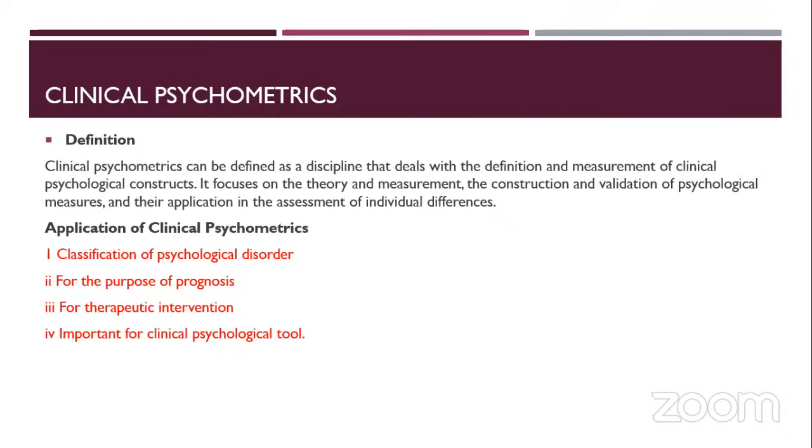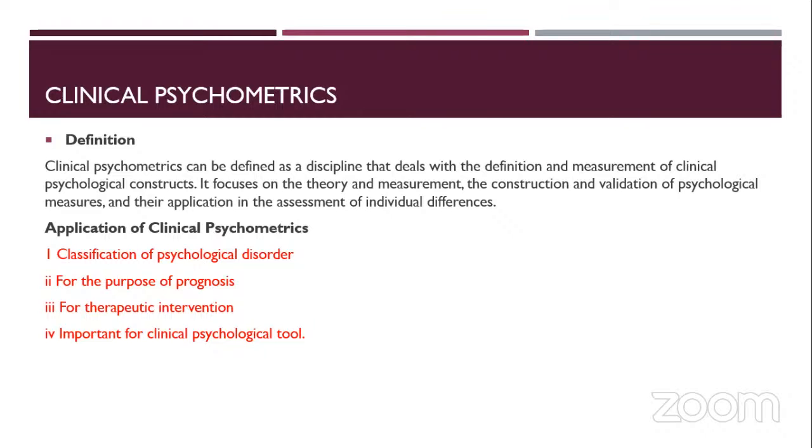In terms of application, it is mainly applied in the classification of psychological disorders, and for prognosis, to get an idea of how the disorders are going to progress and what the improvement of the particular disorder is.